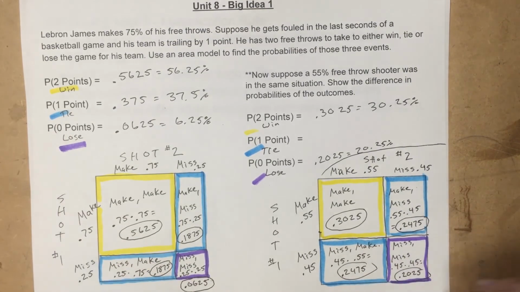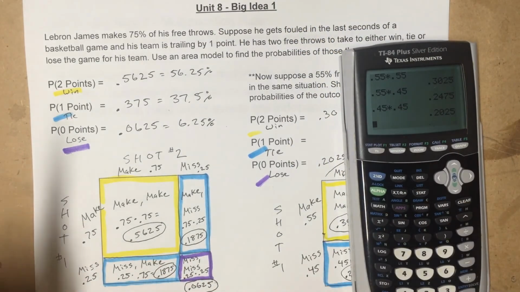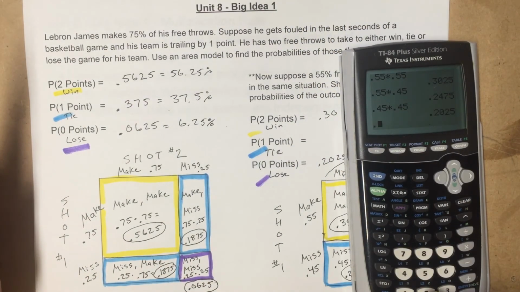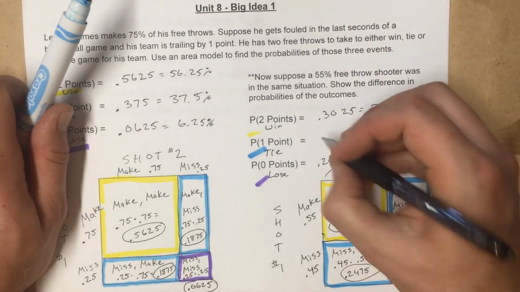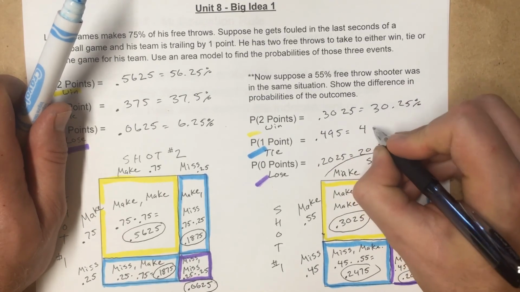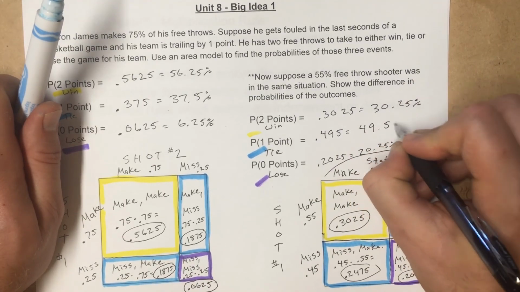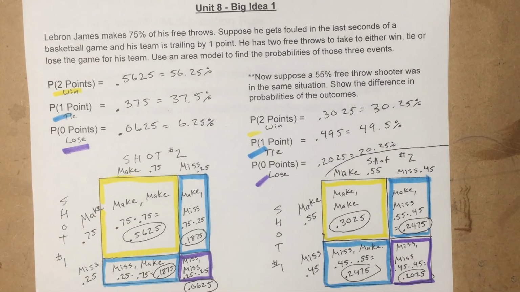And then I can add these two probabilities up to get your total probability. So 0.2475 plus 0.2475 is 0.495, which is equal to 49.5%.